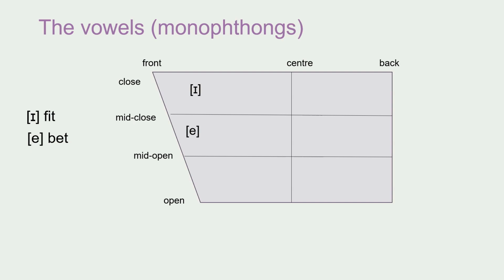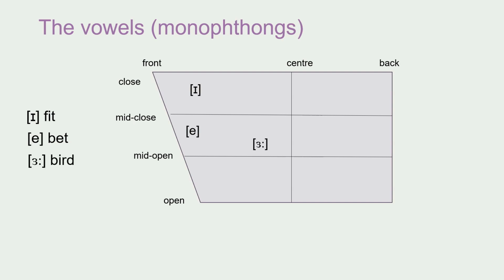So E is clearly a lower vowel. But note, the tongue doesn't move backwards and forwards. There's very little backwards and forwards movement between I and E. So both of these vowels are front vowels, but the E is more of a mid-front vowel rather than a close front vowel. Then we have this sound.